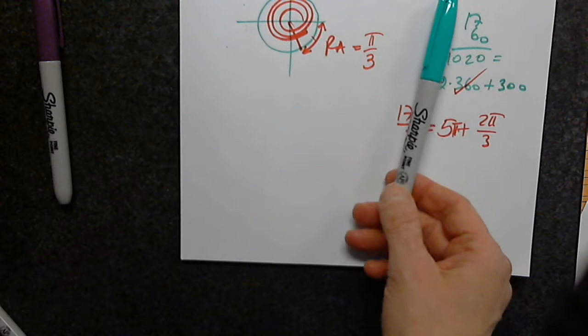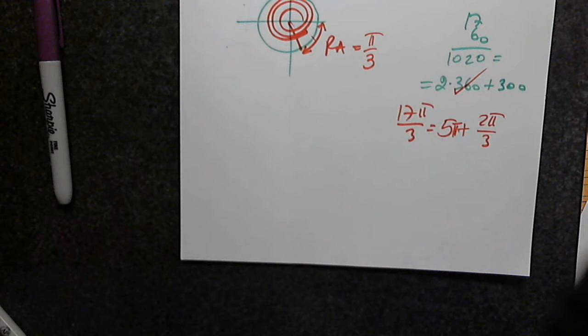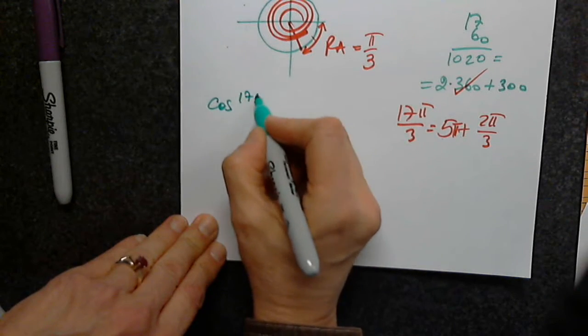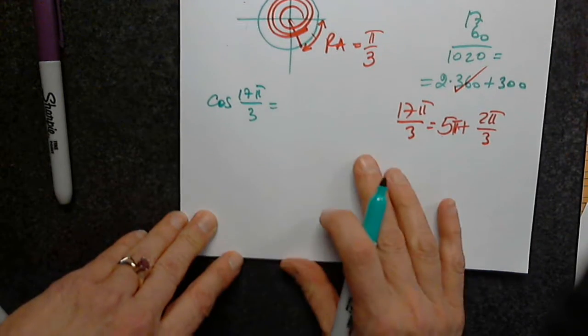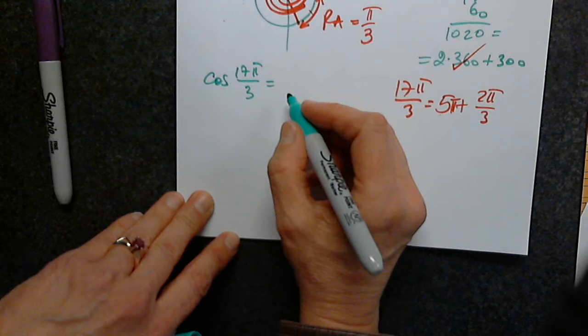We are talking about cosine. Since the terminal side ended on the right-hand side of the y-axis, what type of number will cosine be? Positive. So then I know that cosine 17 pi over 3 will definitely equal what?